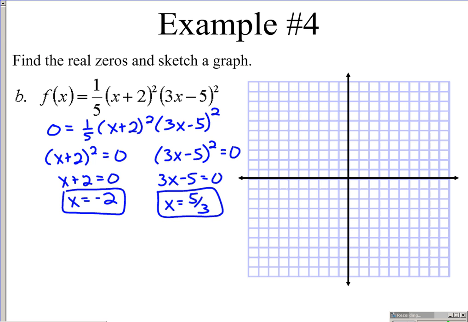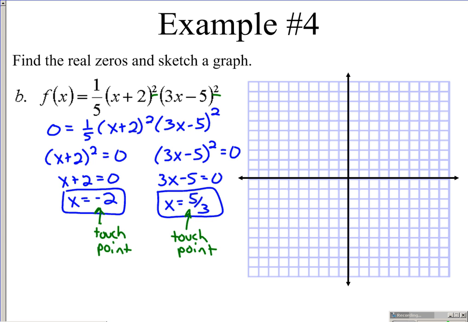Both of these are going to be touch points because both of them were even-powered factors that produce less solutions than they should. So both of those being touch points, using now our leading coefficient test, and we need to think a little bit here now. If we were to multiply all this out, we're going to get a degree 4 polynomial.